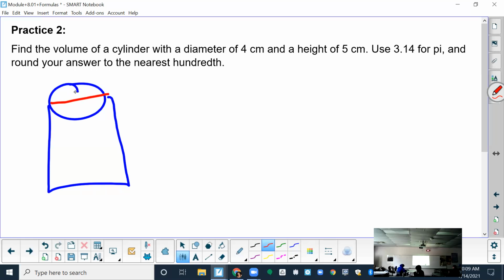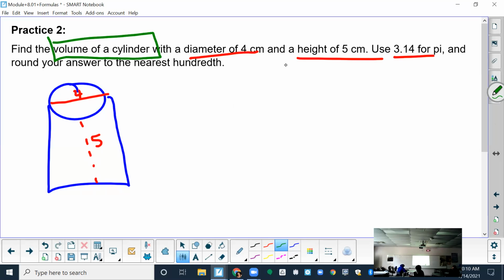So I'm going to draw it like how it tells me. We have diameter of 4 centimeters and a height of 5 centimeters. Use 3.14 for pi and round your answer to the nearest hundredth. I drew the picture to help me out. I suggest you do the same. That's a good test strategy.